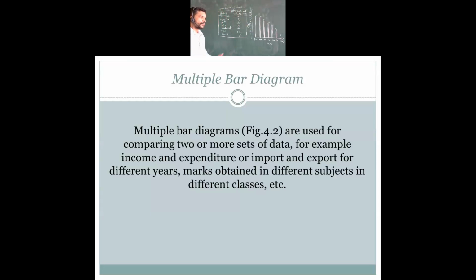Here we are talking about literacy rate, so we stick with that. What other examples can we take? You can take income and expenditure, or imports and exports, or different years. Marks obtained in different subjects in different classes: you can compare mathematics marks and science marks.